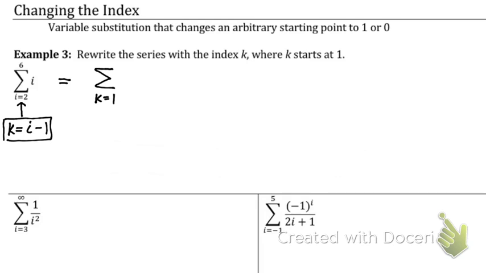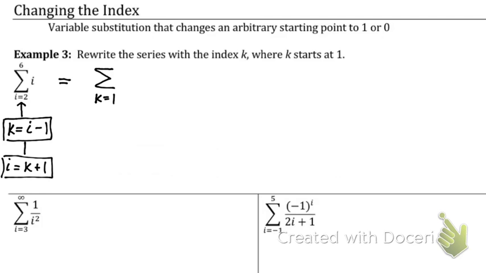Well, since this is true, what else is true is the fact that I can just move this 1 to the other side and say, well, that means that i equals k plus 1. So I'm adjusting down by 1, so I have to subtract every i by 1, which means that i actually equals k plus 1.